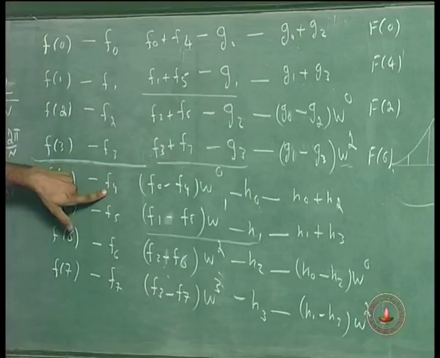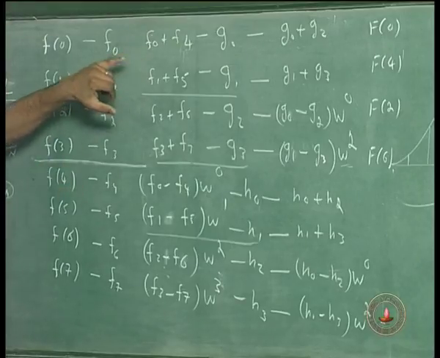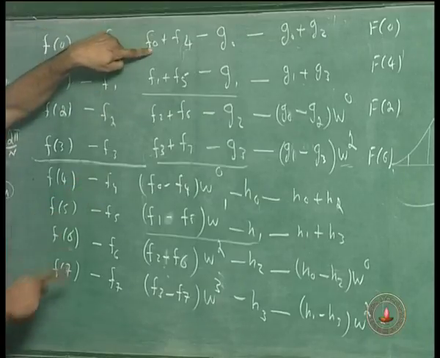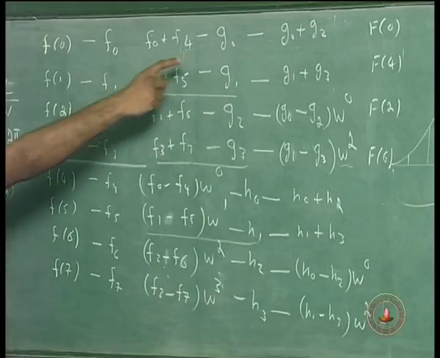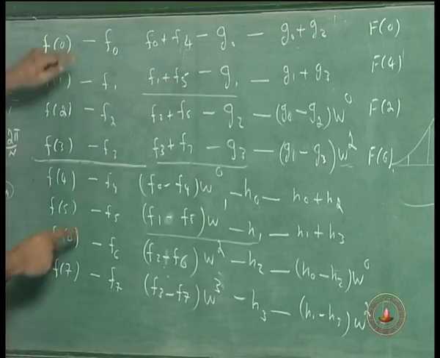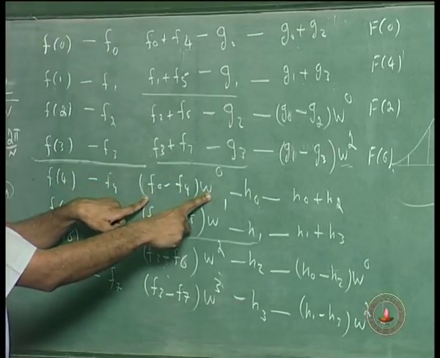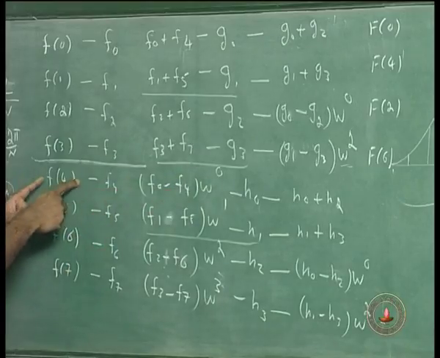It has real and imaginary parts, so that is I and this is I plus m, where m is the number of points in that interval, which is n by 2 to start with. I replace the real and imaginary part of f0 by the sum, which is my g0 actually. And I take the difference between these two, multiply it by w0, and store the real and imaginary part in f4.